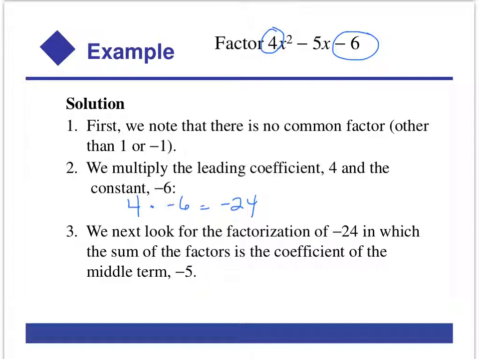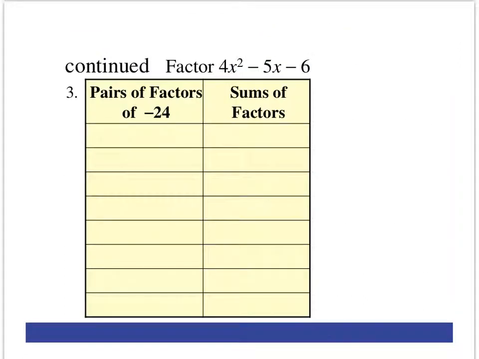Then we're going to look for factors of negative 24 that, when added together, will give us the number negative 5, which is this B term right here. It's the same thing we've been doing. Remember, we're looking for a negative 5. So our factors are going to be different, but the larger one's going to be negative.